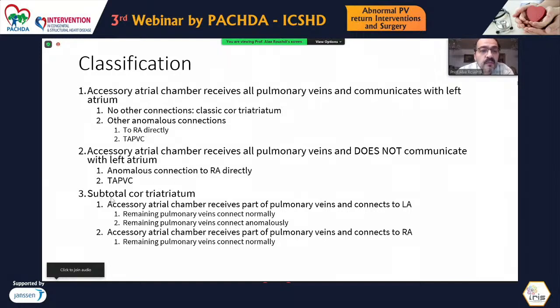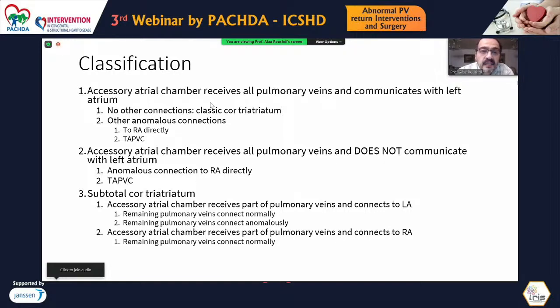And we may have a subtotal cor triatriatum with the accessory chamber receiving part of the pulmonary veins, and the remaining veins either drain normally or anomalously. And we may have an accessory chamber receiving part of the pulmonary veins and connecting to the right atrium.